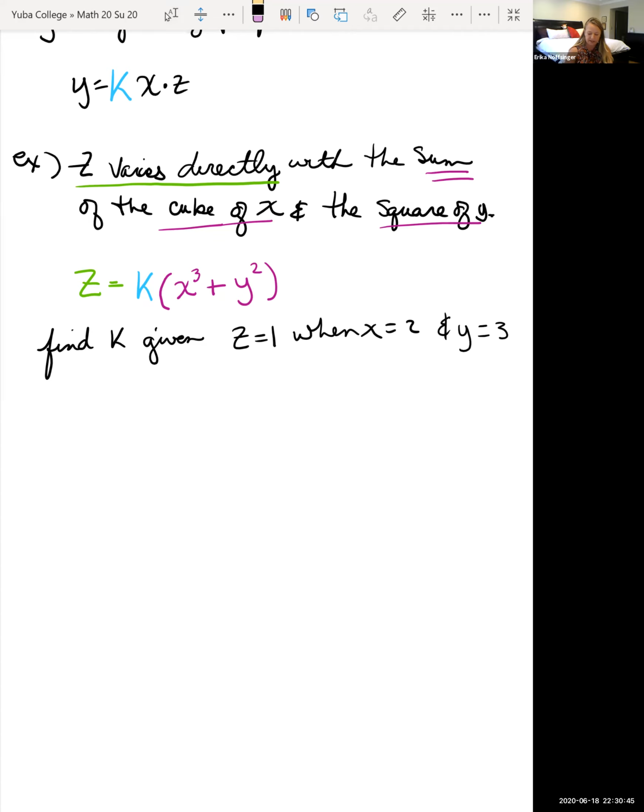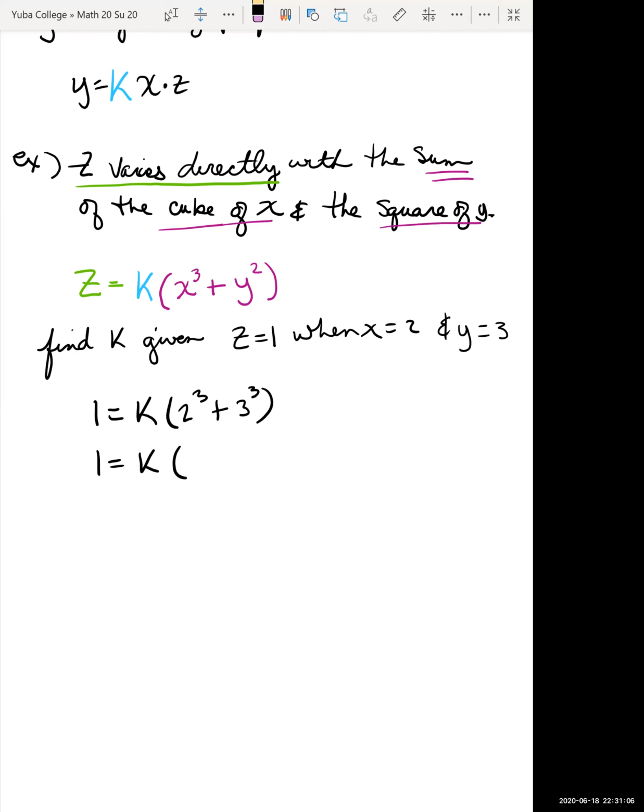So we have z is our 1. So we have 1 is equal to k all times x is 2, so 2 cubed, plus y is 3, so 3 squared, right? Yes, thank you, 3 squared.